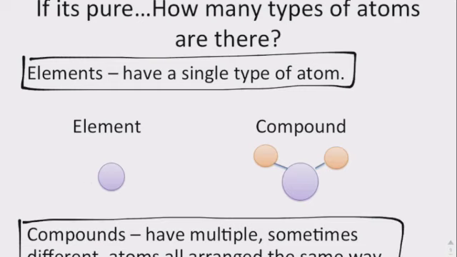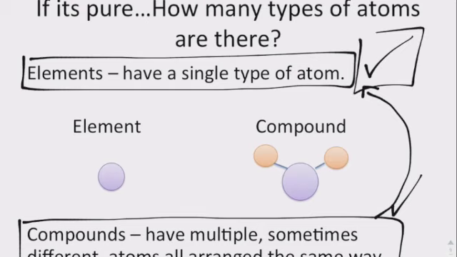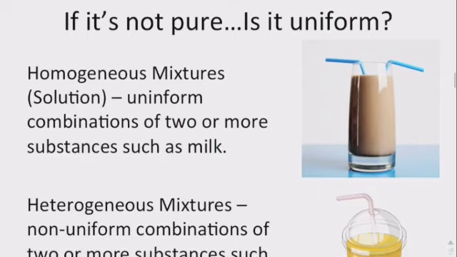For it to be a pure substance, it can be just an element or just a compound. If we have a compound mixed in with an element, then it's no longer a pure substance. To be pure, it has to be either an element or a compound. It can't be both.